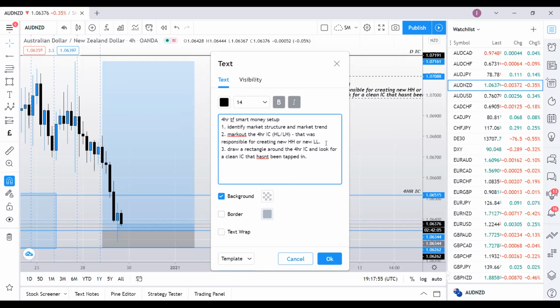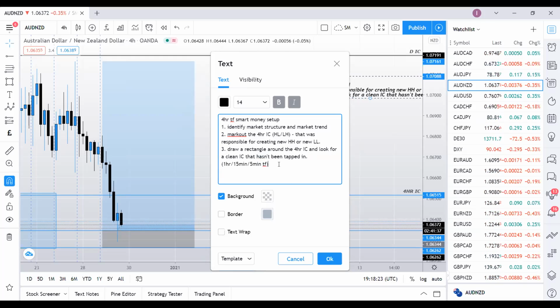Is that easier for everyone to understand? Yeah, that's good language. That would be in the 1 hour, the 15-minute, or the 5-minute time frame.